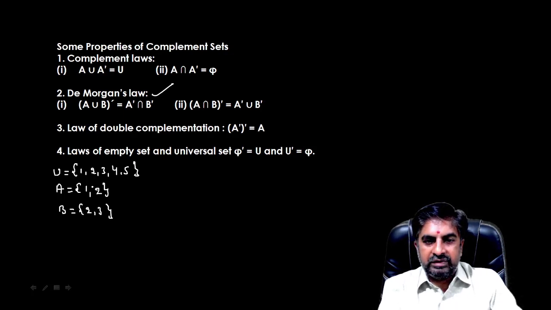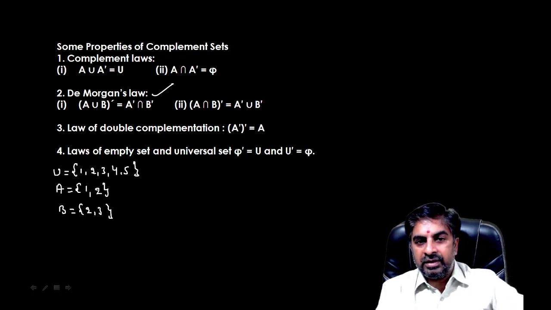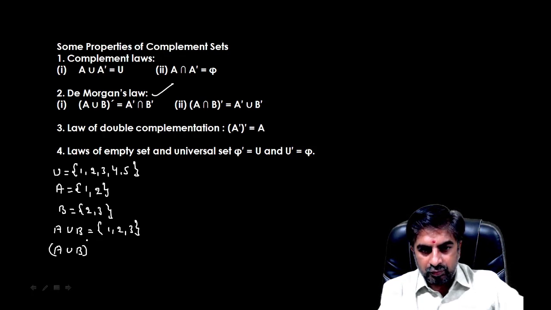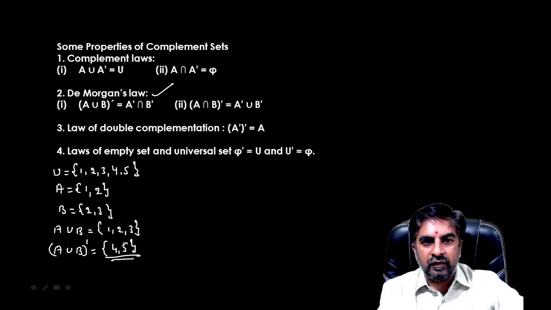Both are subsets of the universal set. Now we need to find (A union B) dash. First of all we find A union B, which is 1, 2, 3. Now the universal set minus this A union B, so 3 will go, and (A union B) dash will be 4 and 5. So this is the answer for this part.